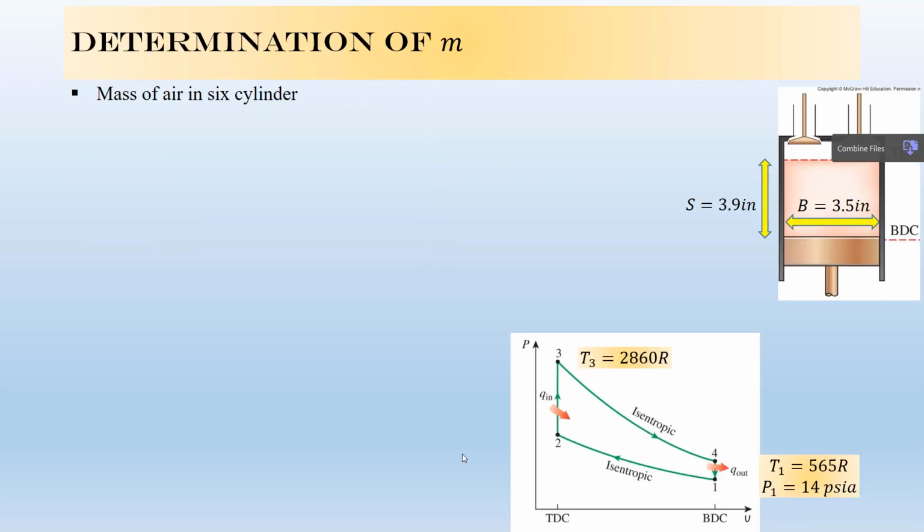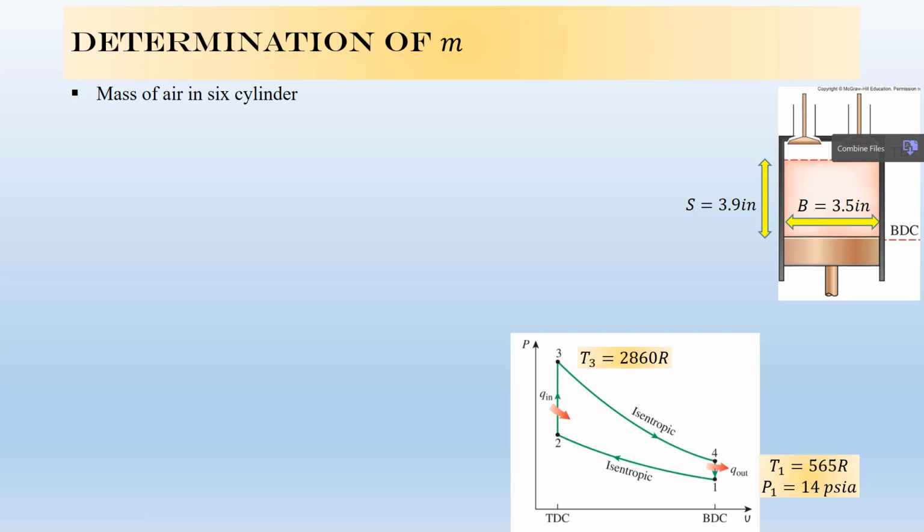What we need to do now is find the mass of air in 6 cylinders. To find the mass of air in the cylinder, we have some information about the dimensions of this piston-cylinder device. We have the diameter of the cylinder, and also the stroke value S. So from here, guys, we can write delta V equals pi B squared times S over 4.